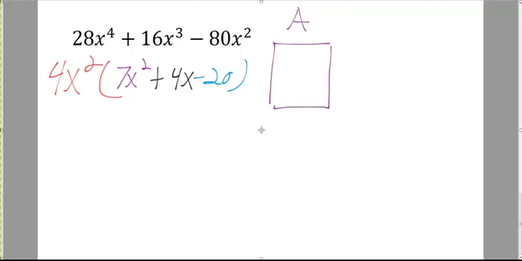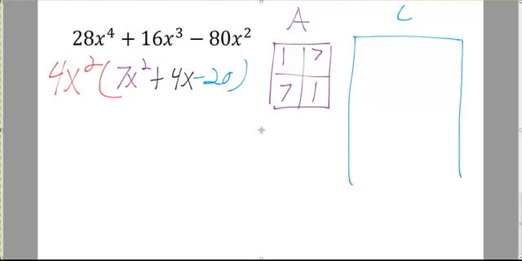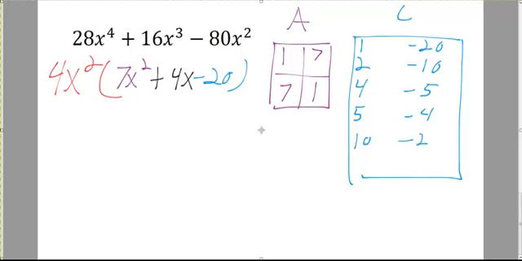Of course, that's 1 and 7, and 7 and 1. Okay. Now my c value, we'll do the same thing, but this time it's going to be negative 20. So we have 1 negative 20, 2 negative 10, 4 negative 5, 5 negative 4, 10 negative 2, and 20 negative 1.